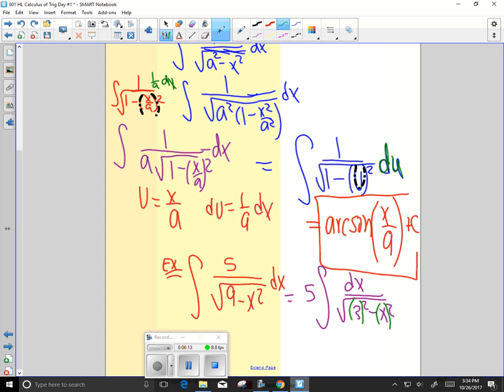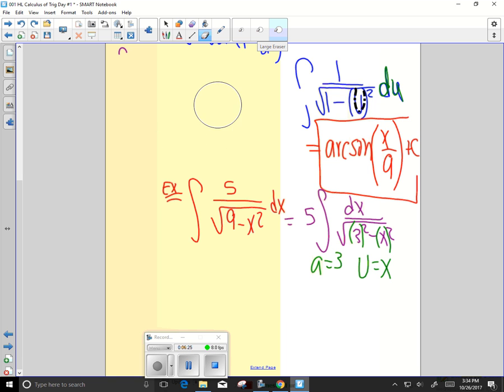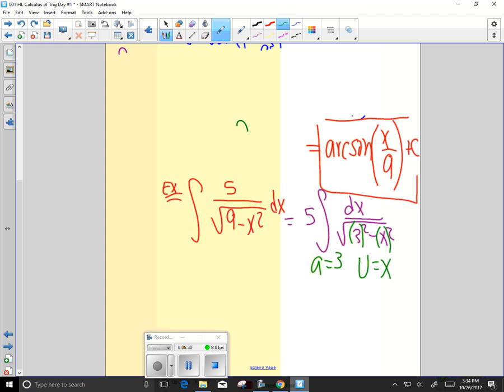Pick out your a and u. a is just going to be 3, and u is going to be x. Just use the formula above, which says the antiderivative of dx over the square root of a squared minus x squared is just going to be arc sine of x over a.